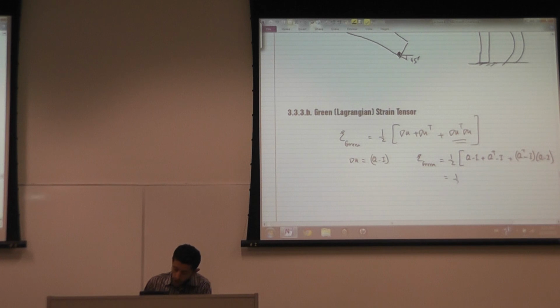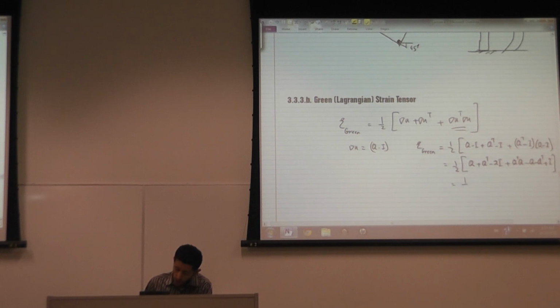This will be equal to half (Q plus Q transpose minus 2I plus Q transpose Q minus Q transpose minus Q plus I), which will be equal to the zero matrix.